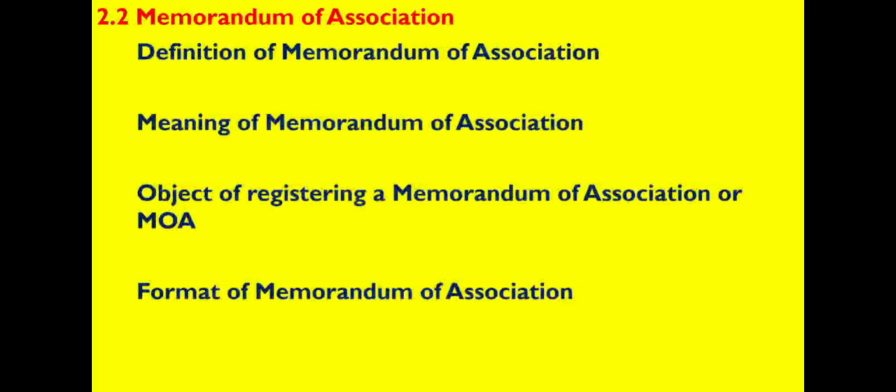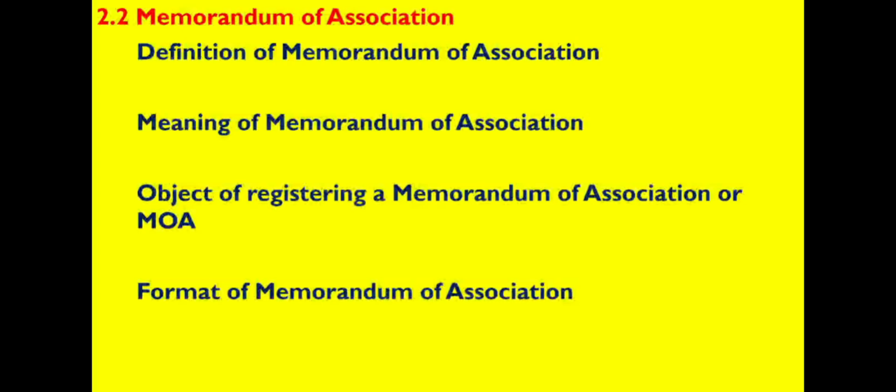In addition to this, a memorandum has other objects as well. These are: first, it allows the shareholders to know about the company before buying its shares. This helps the shareholders determine how much capital will they invest in the company. Second, it provides information to all the stakeholders who are willing to associate with the company in any way.